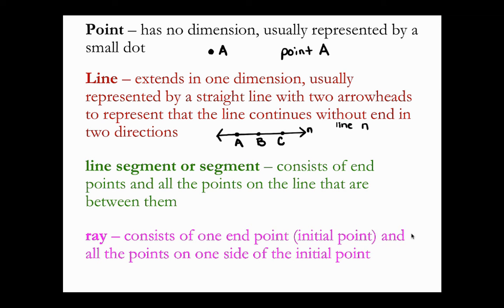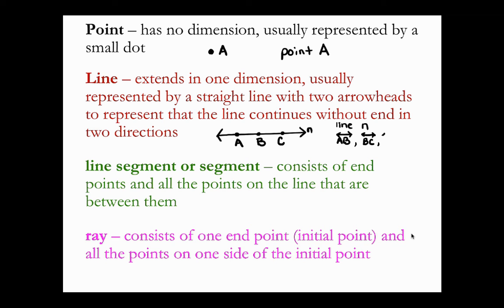Most of the time, though, you will see it named using the line symbol. So the line symbol looks like a line, and then you always use any 2 points, not 1, not 3, not 5. It only takes 2. So you pick any 2 points from the line to name it. So we could call it line AB. We could call this line BC.